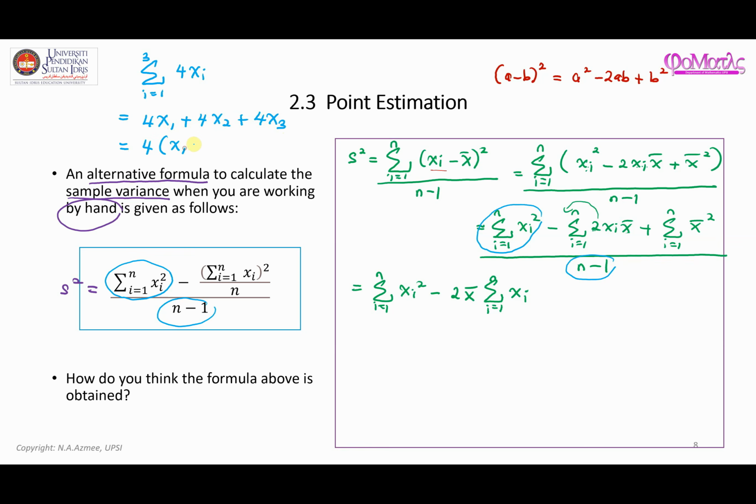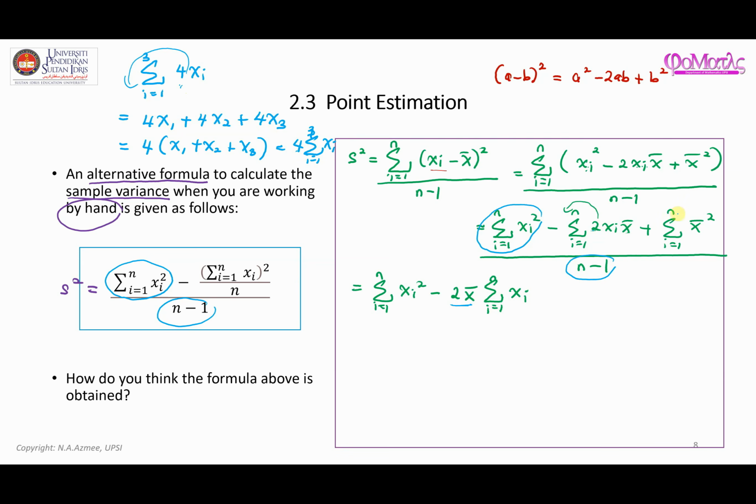So you will be left with x1 plus x2 plus x3. And this is the same thing as having 4 times the summation from 1 until 3 of xi. So you see, you take 4 outside, you factor that out. So 4 is a constant, you take it outside. So the same thing with this one, 2 and x bar, they are constants, and you can leave them outside, factor that out. So you will just be left with the summation with respect to xi.